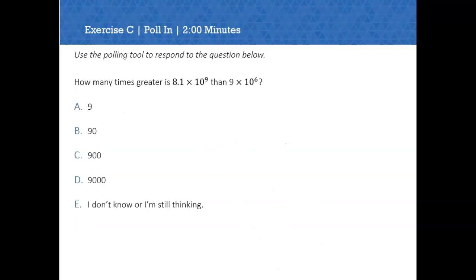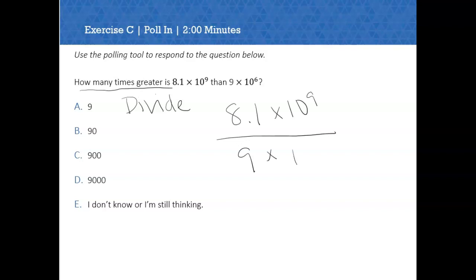You'll see a lot of these. How many times greater is 8.1 times 10 to the 9th than 9 times 10 to the 6th? When it asks how many times greater, we actually divide these numbers. So we're going to do 8.1 times 10 to the 9th divided by 9 times 10 to the 6th. So we're going to do 8.1 divided by 9 is 0.9.